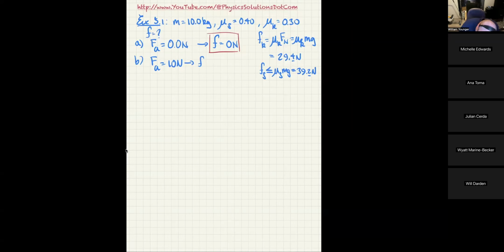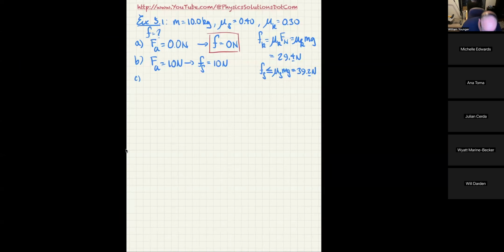I don't know why I put an A on there. The friction force in this case is going to be the static friction force, and in fact, it's only going to be 10 newtons, because it didn't need to be the whole 39. It just had to cancel out that force that was trying to make it move, and that force was smaller than the 39, so we're good.